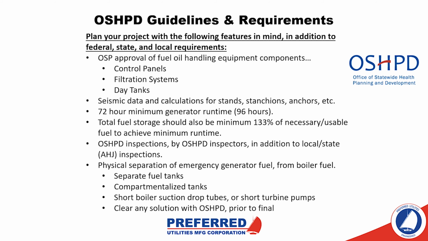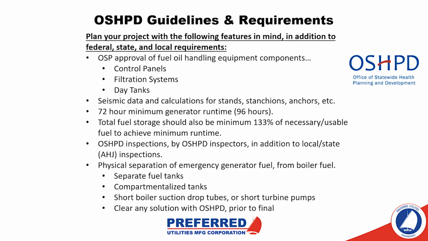So these are a few OSHPD guidelines and requirements when we're planning a project with you. The following features are really things that we need to look out for in addition to the federal, state, and local requirements. First thing is we want to, of course, make sure that we're using equipment that has OSP approval. So control panels, filtration systems, and day tanks, we want to make sure the OSP approval is there for those items.